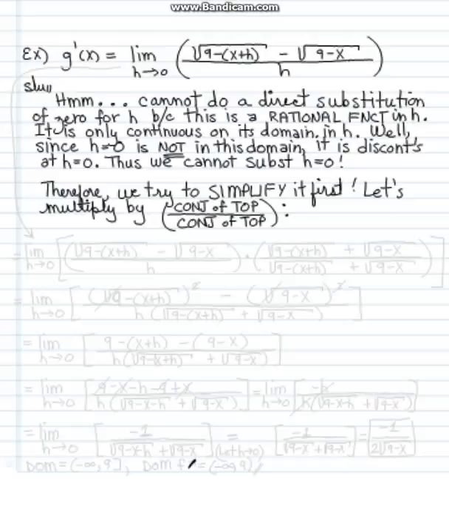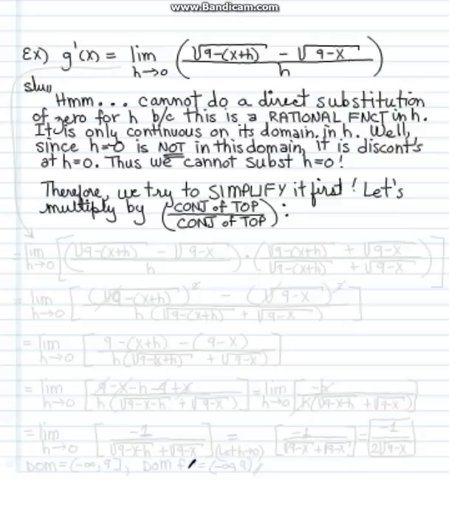So immediately, as usual, I would love to start off by just doing a direct substitution into this stuff inside the parenthesis. I'm using the definition g prime of x is equal to the limit as h approaches 0. Now remember, the function was the square root of 9 minus x. So the limit definition of the derivative as h approaches 0 is the limit of g of x plus h minus g of x divided by h.